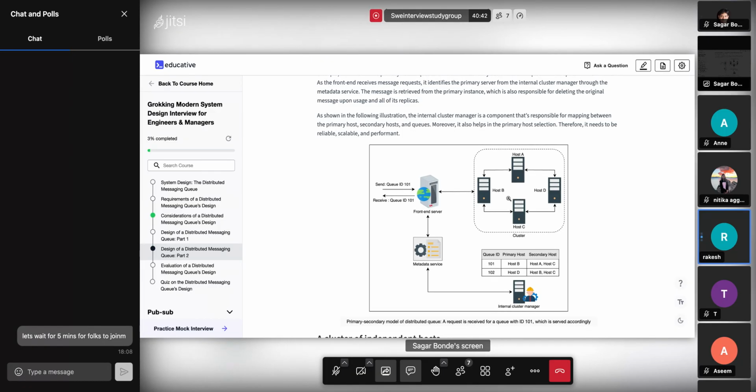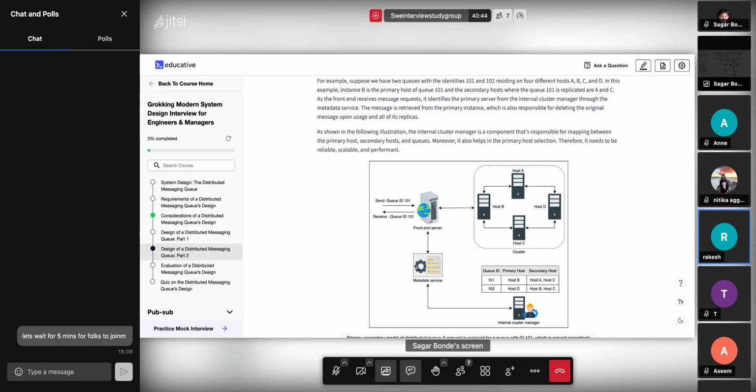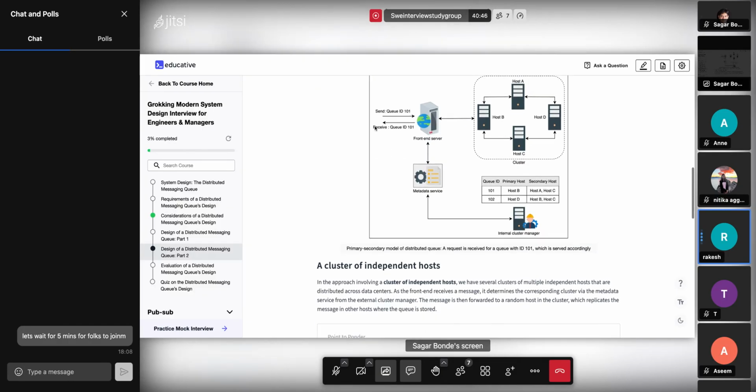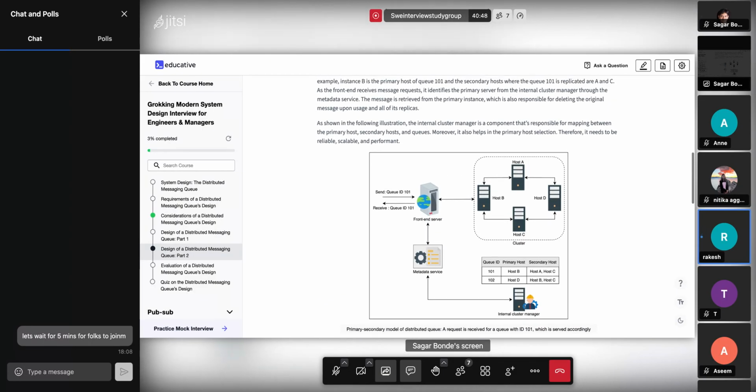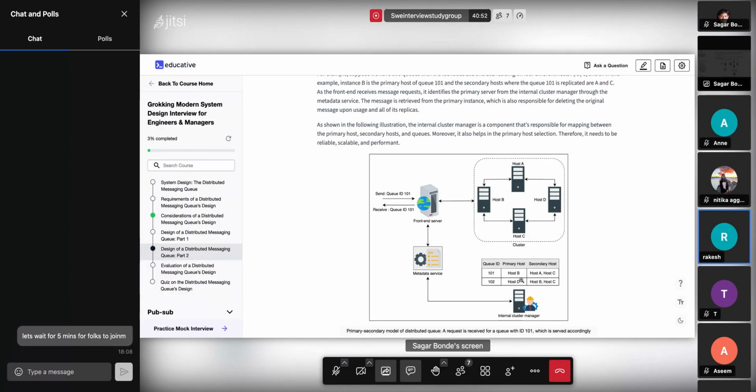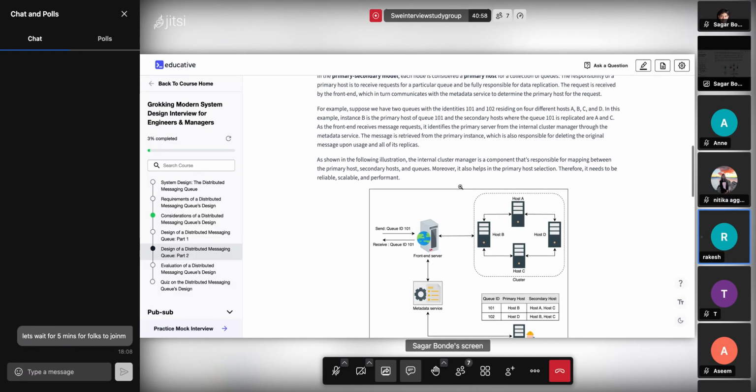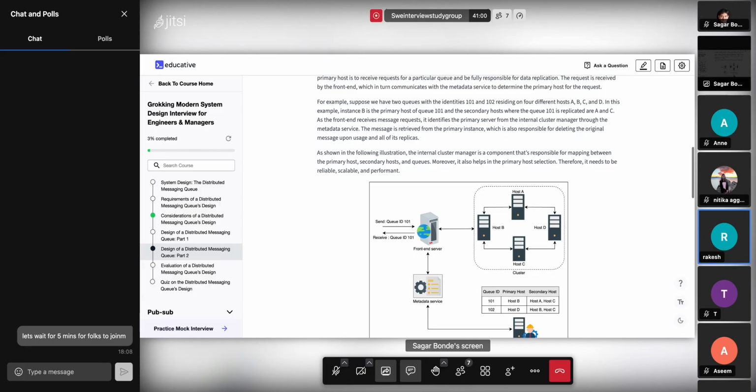Here: primary host, secondary host. So the primary hosts are B and D, and the secondary hosts are A and C.